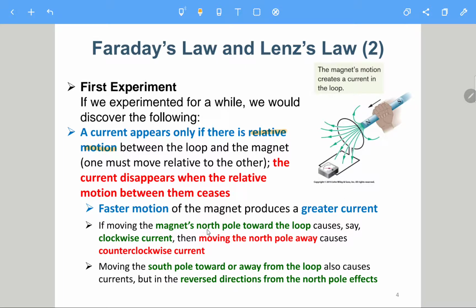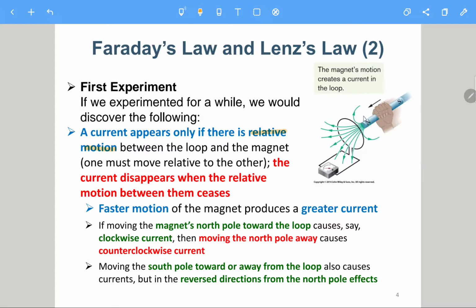If moving the magnet's north pole towards the loop causes, say, clockwise current, moving the north pole away causes counterclockwise current, as I just mentioned. And if you move the south pole toward or away from the loop, it also causes current, but in the reverse direction from the north pole effect.